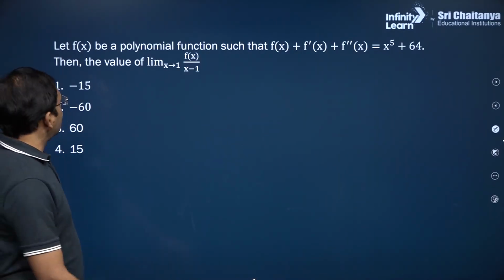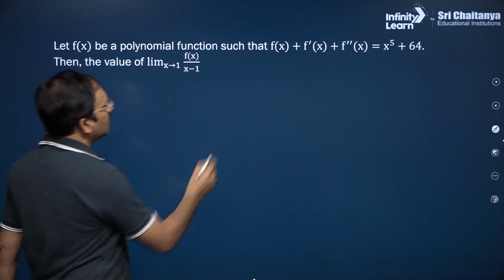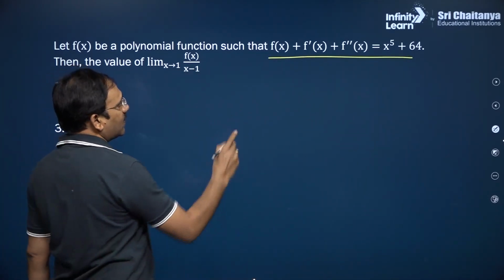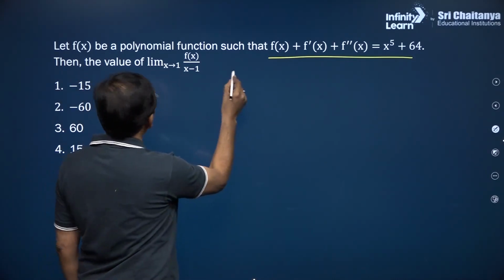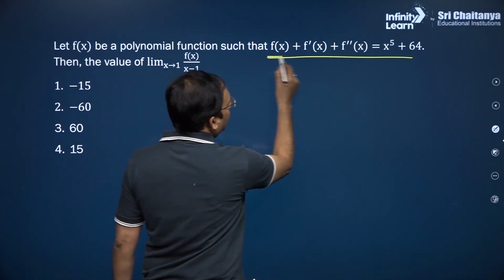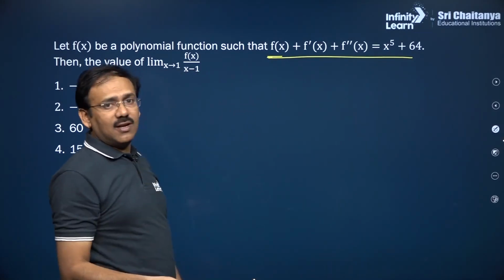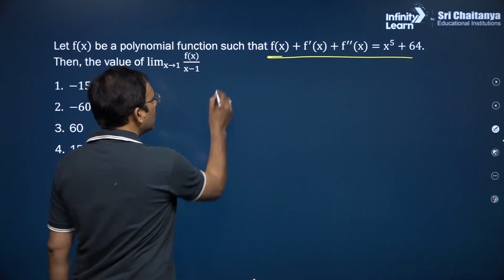Next, f of x is a polynomial function such that this condition is satisfied. I want this limit. Friends, we can say one thing, f of x is a polynomial, but its degree x power 5 he has written means f of x should have degree 5, otherwise impossible. You can try like this.